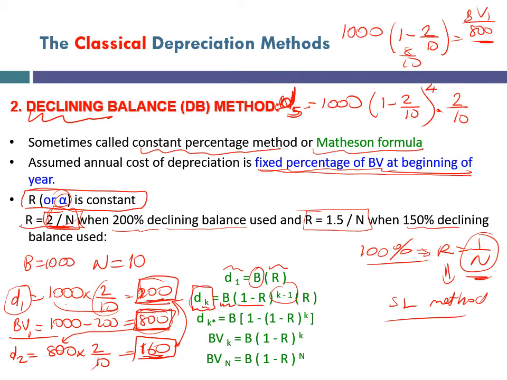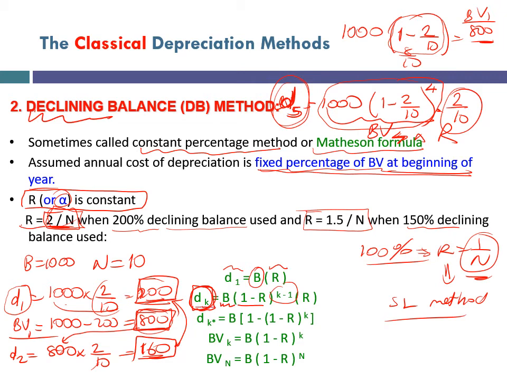And in order to calculate the depreciation amount in year 5, you need to find the book value in year 4 and multiply it by R. So actually this value over here is the book value at the end of year 4. And in order to find the book value, you simply multiply the initial cost basis with 1 minus R, to the power of those many years.